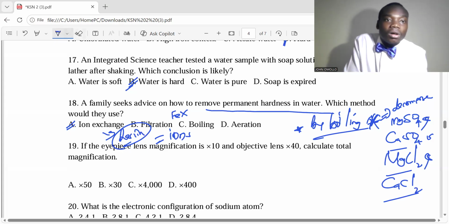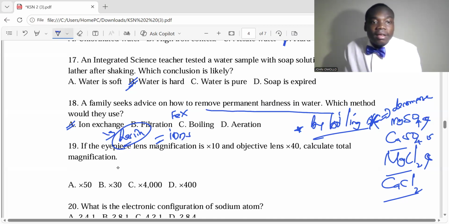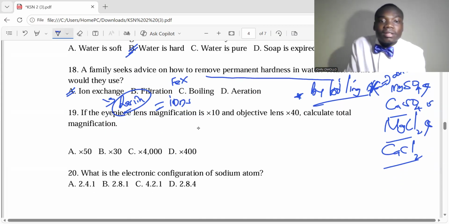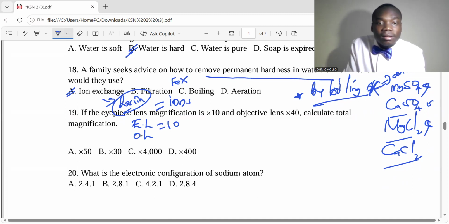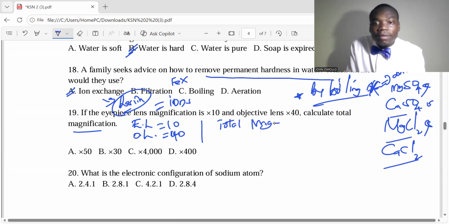Let's dive into question 19. If the eyepiece lens magnification is times 10 and the objective lens is times 40, calculate the total magnification. Total magnification is equal to eyepiece lens times objective lens.